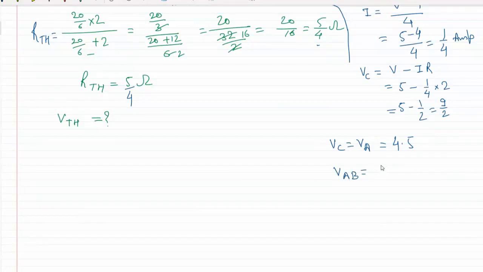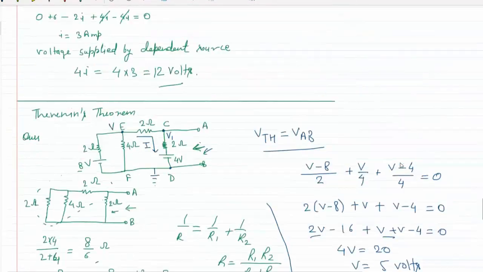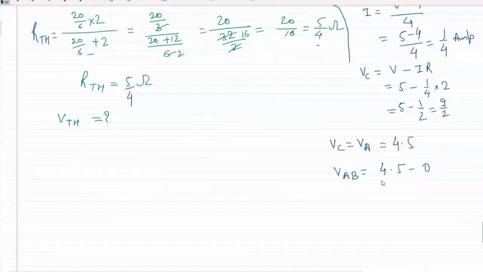Now VAB will be what? 4.5 minus 0. Why 0? Because the voltage at B is 0, because we have taken it as ground. So it is equal to 4.5 volts, and VAB is equal to VTH. So that is 4.5.